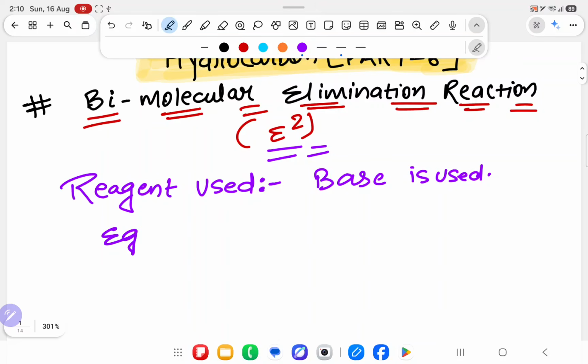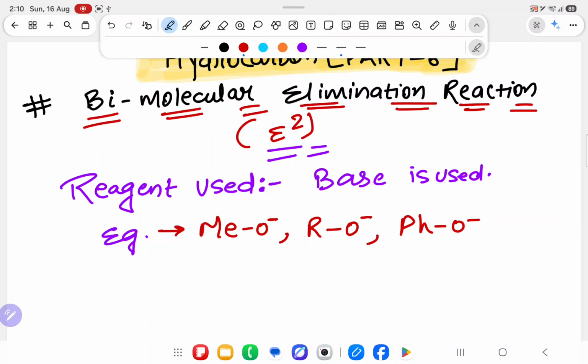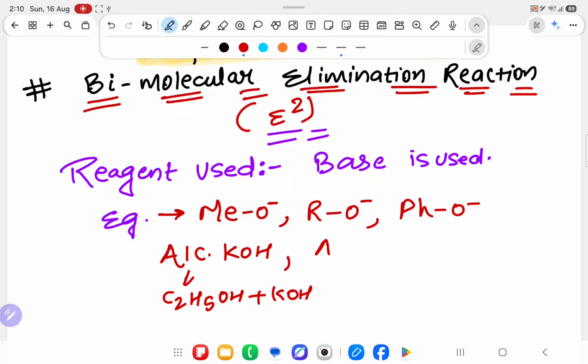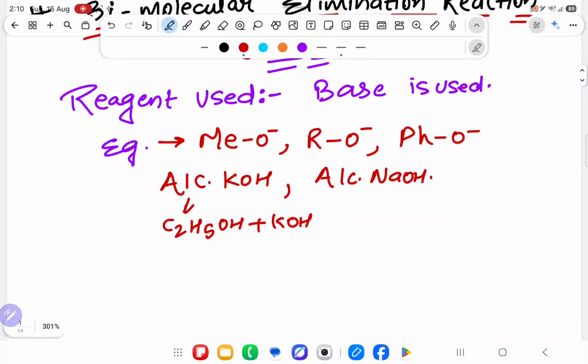Suppose they have written MeO minus, in some places directly a minus, RO minus or PhO minus, like that. Some places there is a minus on oxygen, or they will write alcoholic KOH. Alcoholic means C2H5OH, ethanol, plus KOH, or they will write alcoholic NaOH.